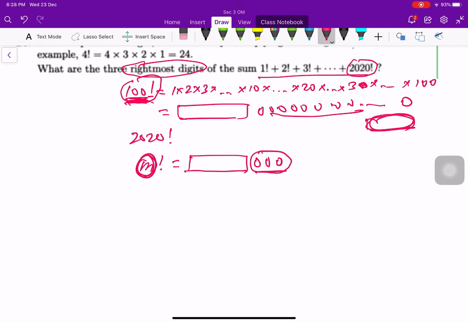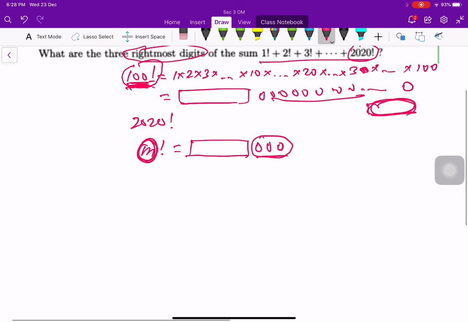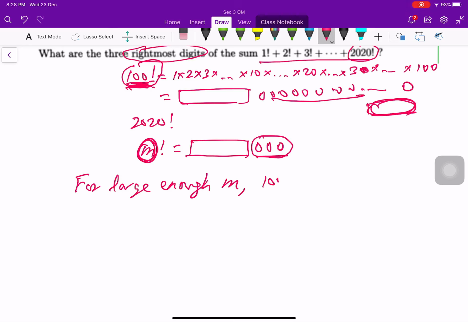And what I'm trying to say is that for large enough m, can you see that 1000 is a divisor of this m factorial, right?